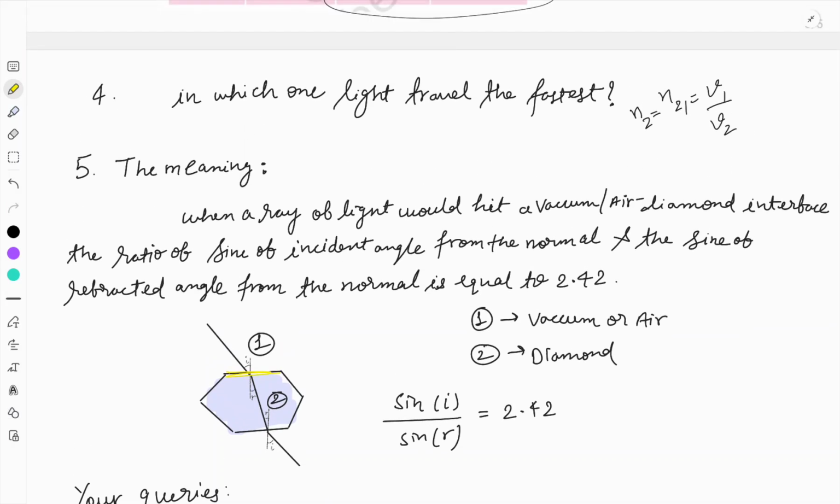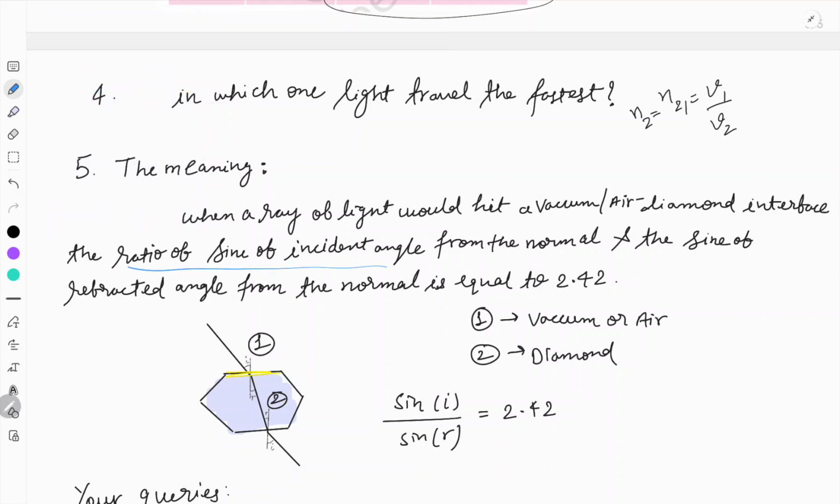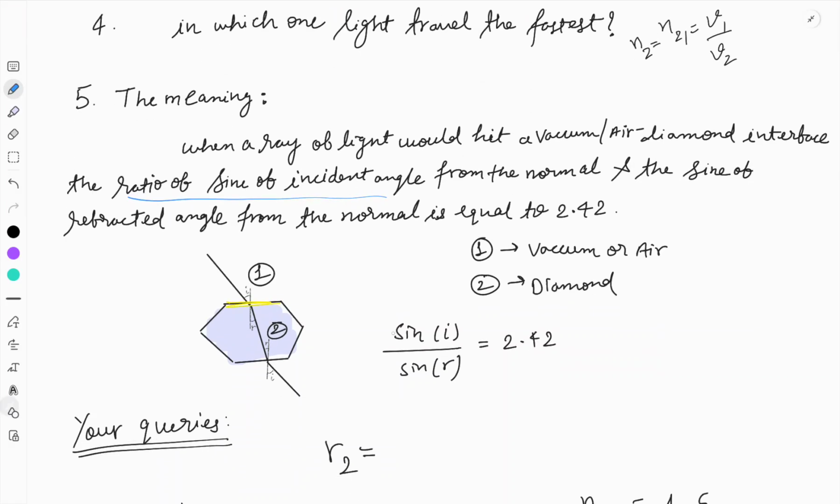So when light hits this interface, the ratio of the sine of the incident angle from the normal to the sine of the refracted angle from the normal is equal to 2.42. That is basically the meaning of diamond having a refractive index of 2.42. I hope you understand it, and we can also define it this way. Thank you so much.